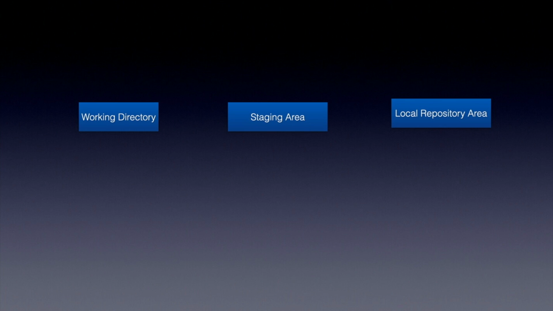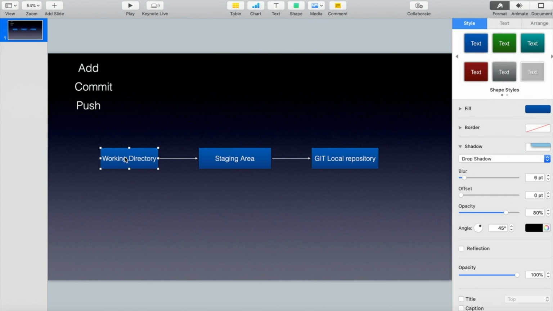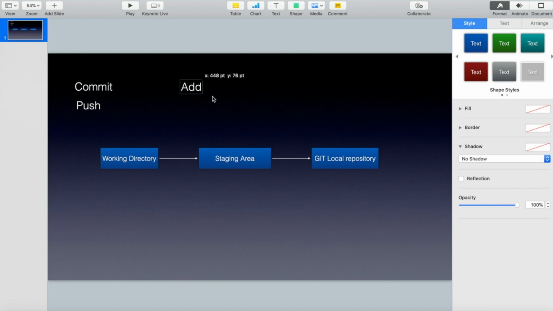Okay, so I'm going to show you how we can add the files to these directories, and I'm going to show you this in real time as well. When we first create a file, for example a test1 file, it remains in the working directory of our PC.